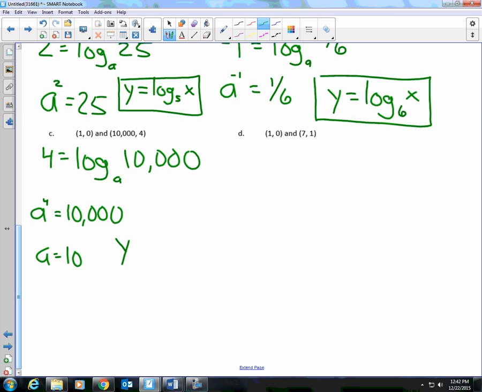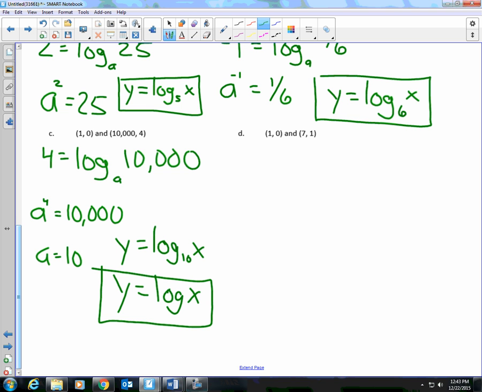So you can write y is equal to log base 10 of x, or simply your book would write log of x, because the 10 is assumed. So you need not write it. One is equal to log base a of 7, or a to the 1st power is equal to 7. So a is 7.